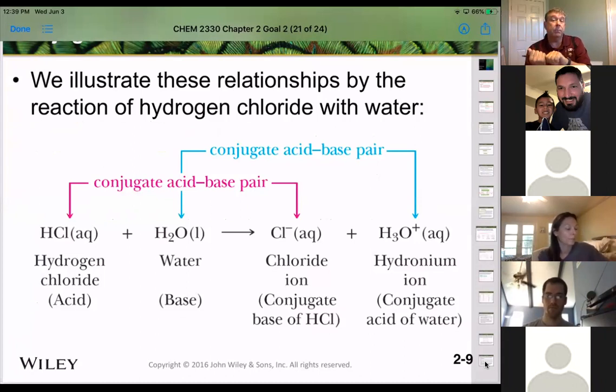But as we learned, most acids have a pKa above 0, which means only a little bit is transferred to this side. The higher that pKa value is, the less of the material is shifted over to this product side, and the more of the material is on the starting material side.